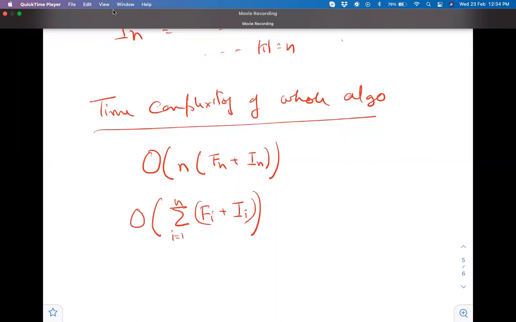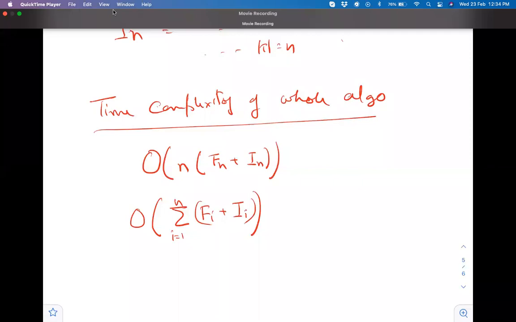So this is a generic technique of using find and insert in an algorithm. This is not necessarily the only algorithm for sorting. We will soon see various other kinds of algorithms, but this is one technique.